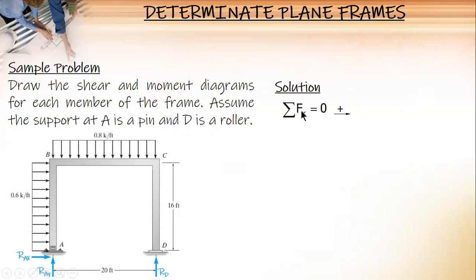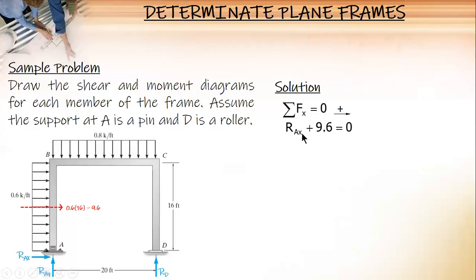So first, summation of force along x equal to 0. For this uniform load, we have to convert it to a resultant force. We have 0.6 times its length of 16, you have 9.6 kips. So, summation of force, we only have two horizontal forces, RAX and this one.